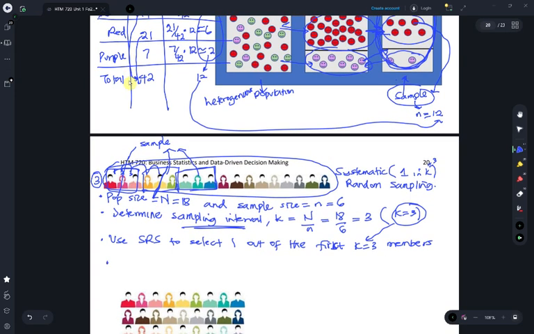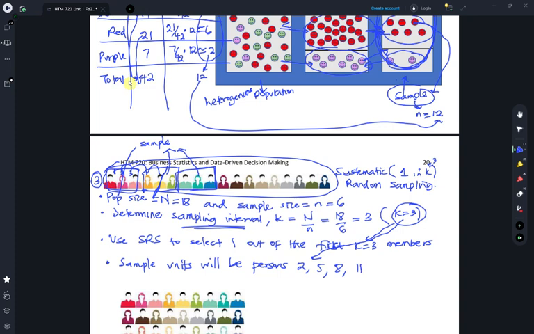So at the end of the day, my sample units will be persons number 2, 5. Remember, I'm jumping in 3s. 5 plus 3, 8. 8 plus 3, 11. 11 plus 3, 14. So these people, and 14 plus 3, that will be 17. These people will make it into the final systematic sample.